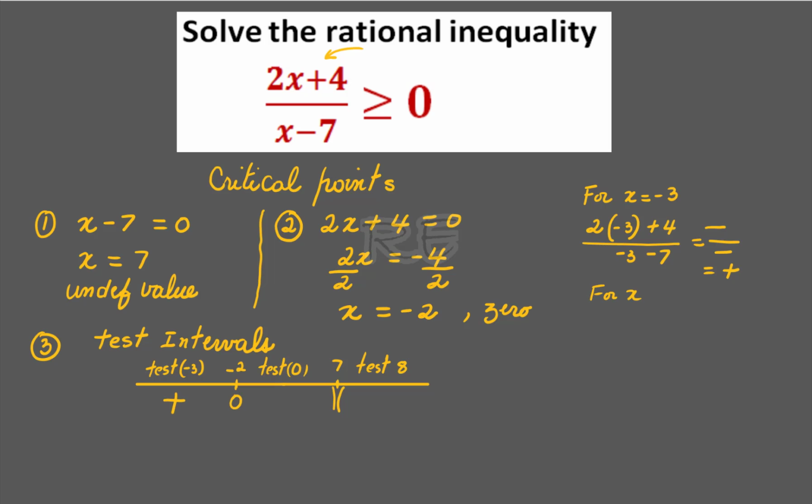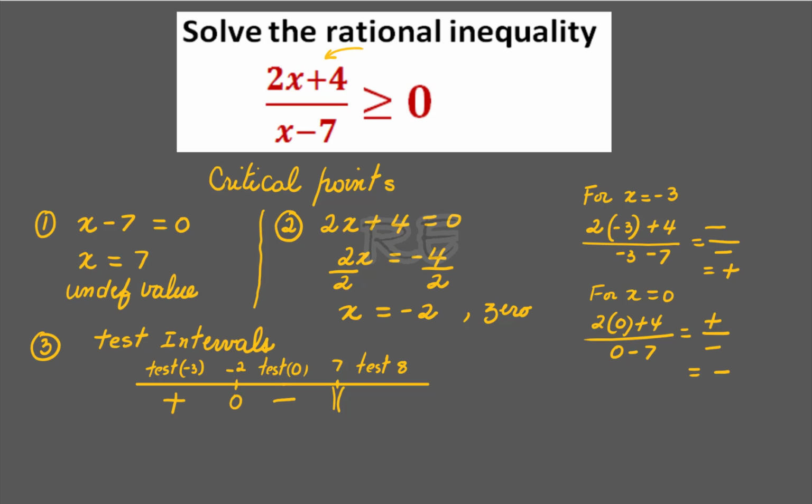And a negative over a negative is positive. For x = 0, 2 times 0 plus 4 over 0 minus 7, a positive over a negative is negative.